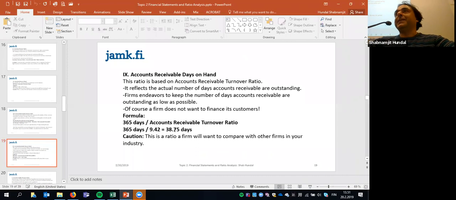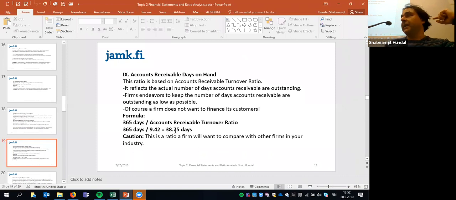You get my point? So if this ratio was 11, then this number would be smaller than 338. So primarily, it shows your waiting period: how many days your debtors, your customers who buy goods on credit from you, make you wait.